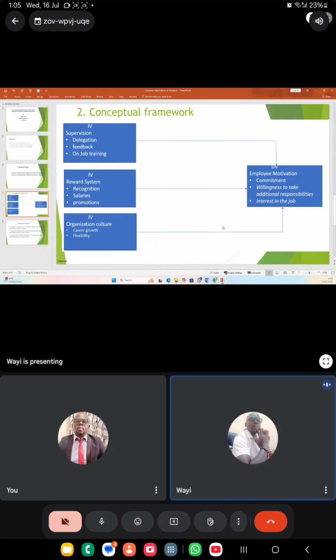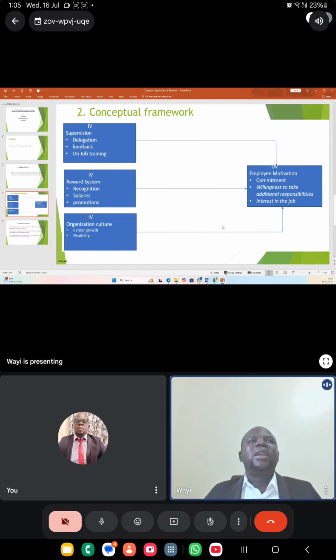And then we have the third arrow, also giving us our next objective. Organizational culture, which is measured by career growth and flexibility, and it's showing us that employee motivation depends on organizational culture.